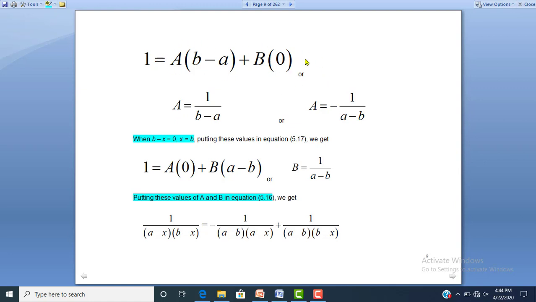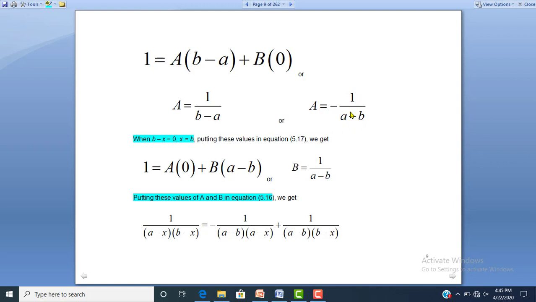If we simplify this equation, then the value of A will be equal to 1 over (b minus a). By rearranging, this equation will become A is equal to minus 1 over (a minus b).